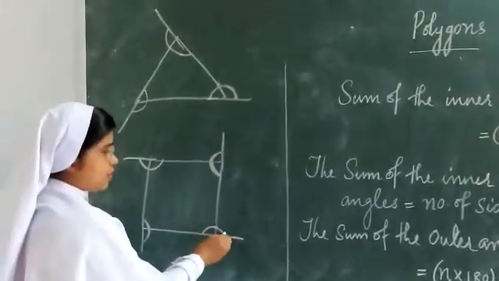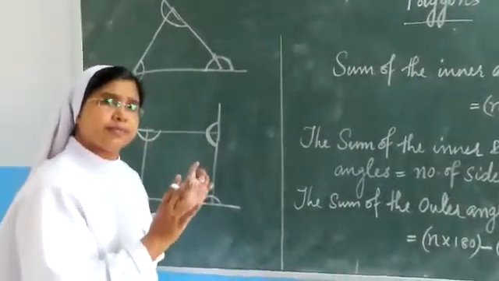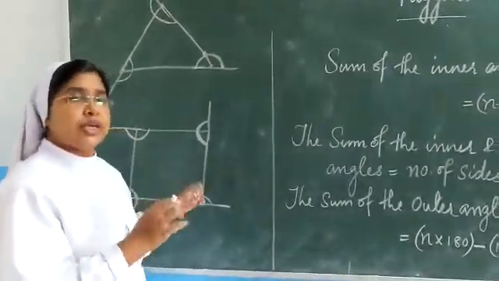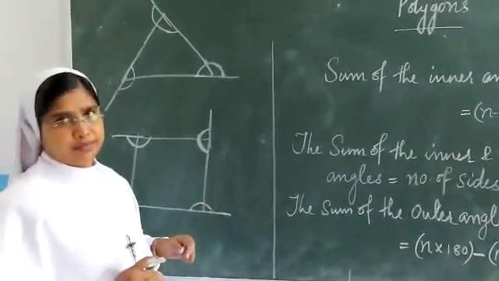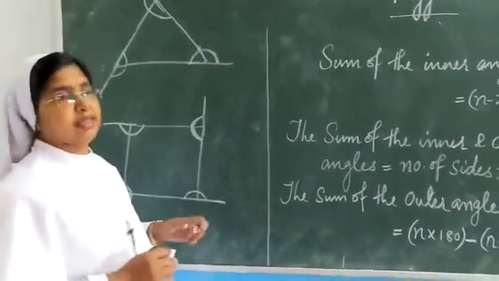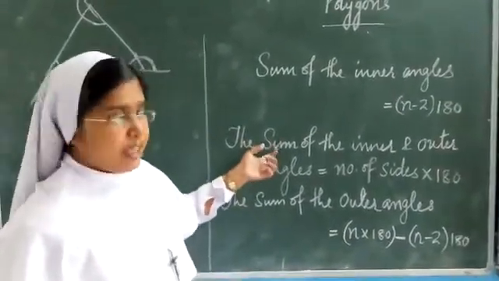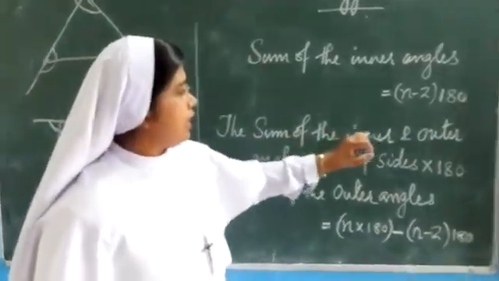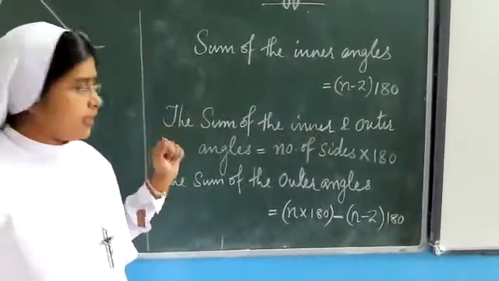This is inside, this is outside. You have to understand it clearly. The total sum is equal to number of sides into 180. Hope it is clear to you.